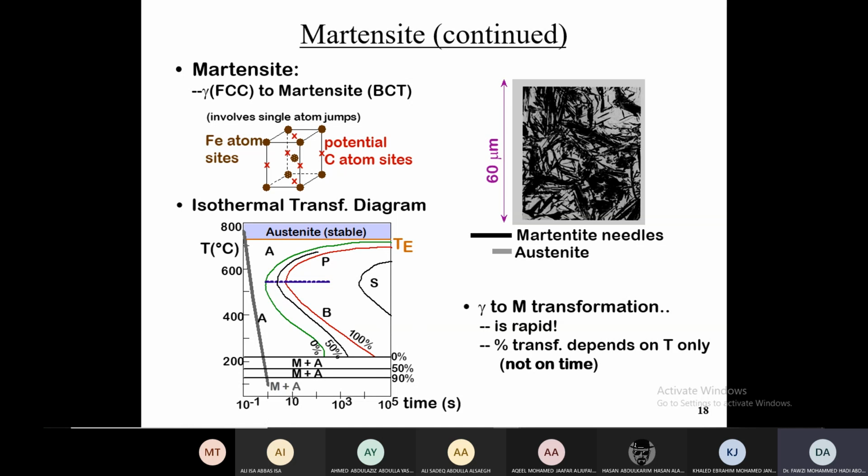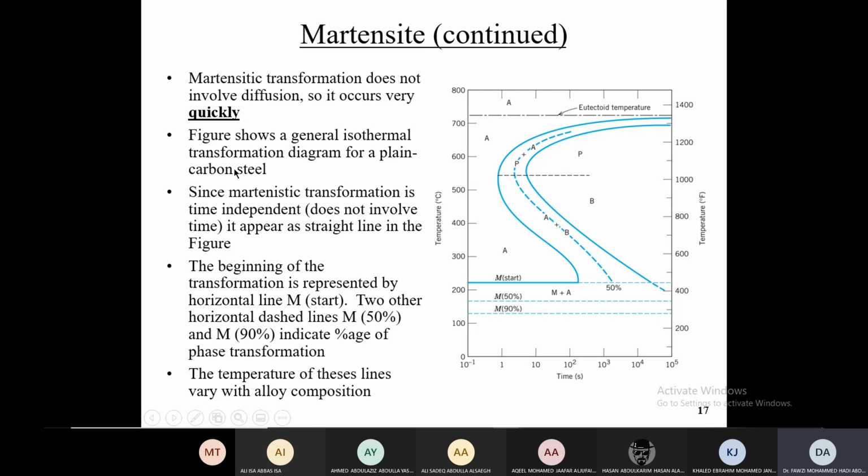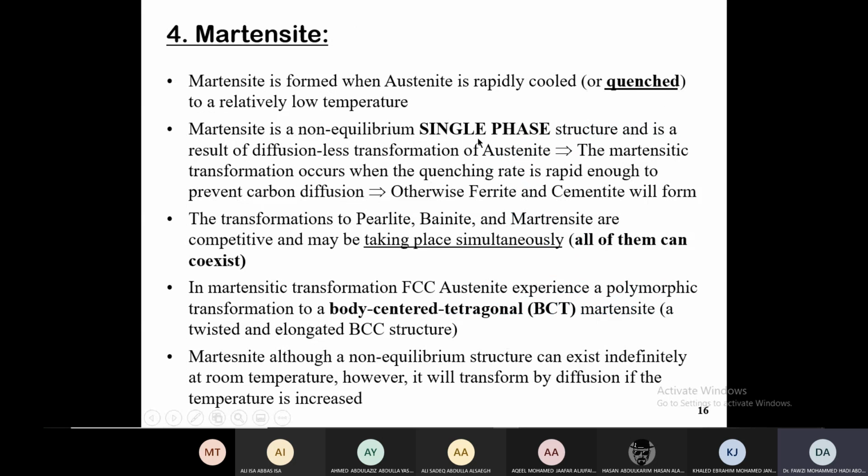We also mentioned how the martensite develops. The martensitic structure is different from the pearlitic structure, bainitic structure, and spheroidite structure as well, and all those three structures are two phases occurring together. The martensite is only a single phase, and the other difference is that the martensitic transformation is a result of a diffusionless transformation of austenite to martensite.